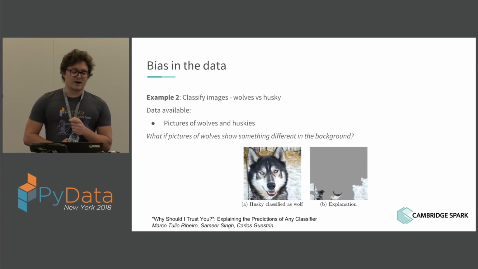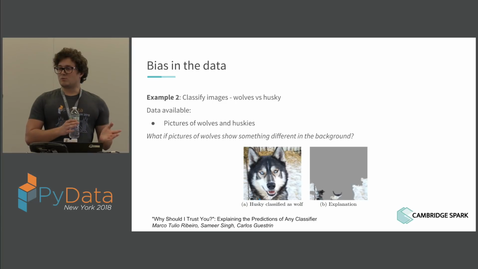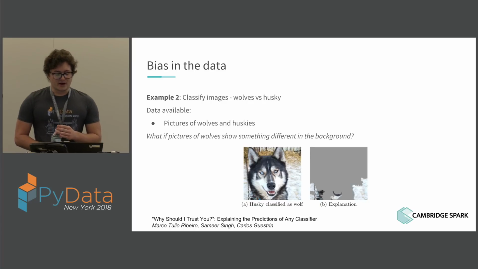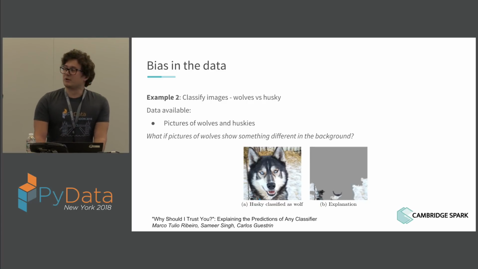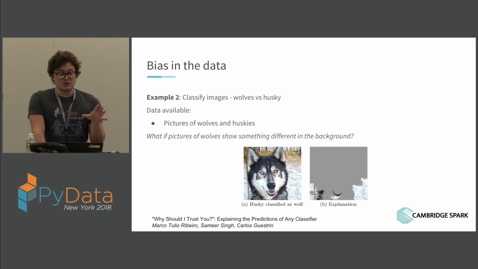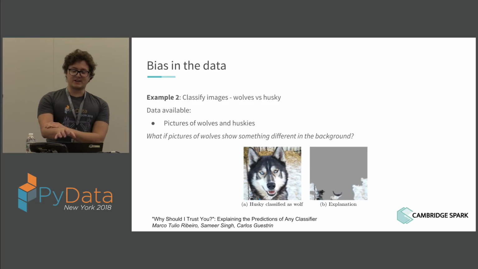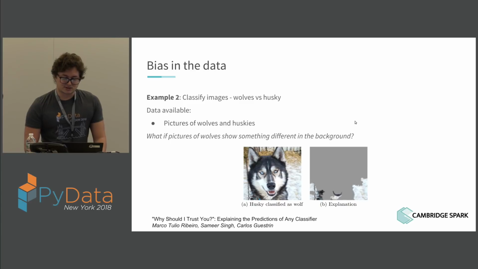So they wanted to classify images, some of wolves, some of huskies, and they ended up having good accuracy. But what they figured out when they started using Lime, and that's something we're going to show later, is that the model wasn't actually looking at the dog or at the wolf, but it was looking at the background and just saying, if there is snow, just classify it as a wolf. If there is not snow, classify it as a husky.